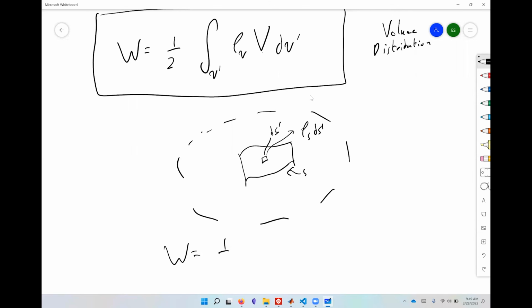So W equals half, integral over S prime, the charge is rho s ds prime, and then the voltage at this point, due to the whole surface minus the voltage due to this infinitesimal element, is just the voltage, right? Because the voltage due to this infinitesimal element is zero anyway, because this surface shrinks to zero.